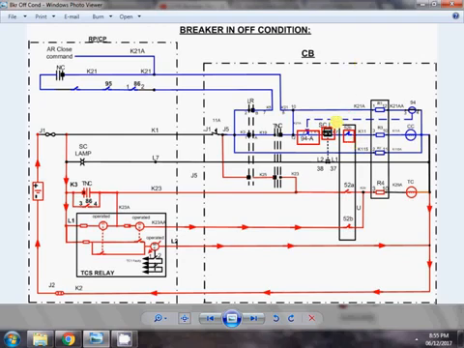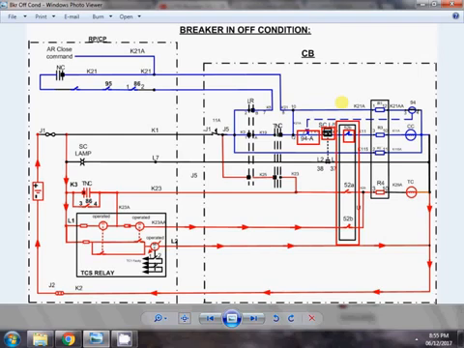Now what does the auxiliary switch do? The auxiliary switch is a rotary switch which is physically connected to the main power contacts of the breaker. As the main power contacts of the breaker open and close, this rotary switch rotates, and the close contact becomes open and the open contacts become closed.